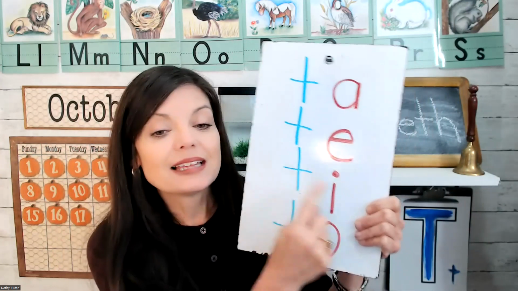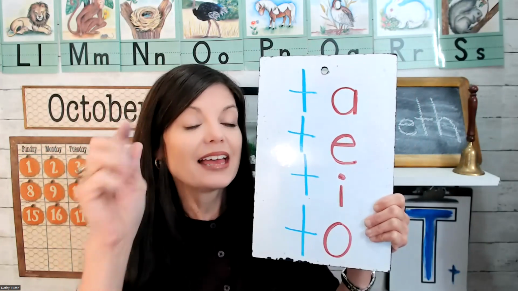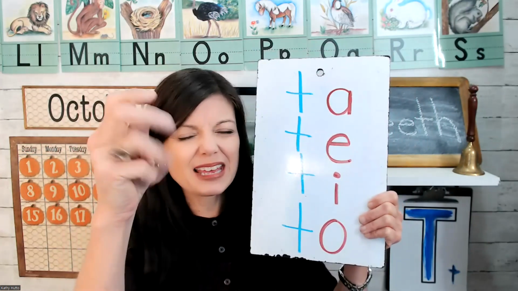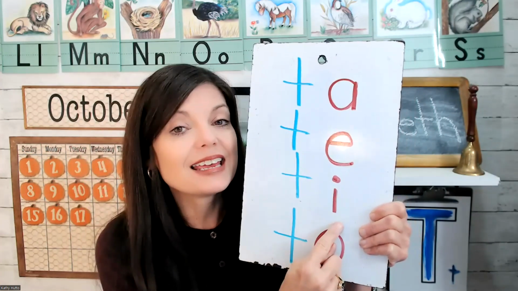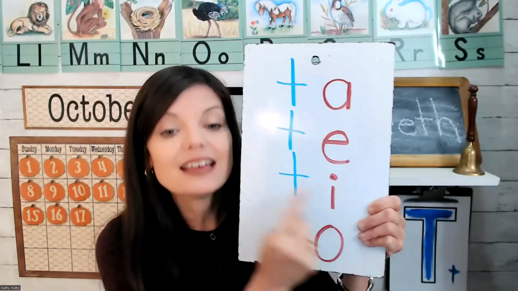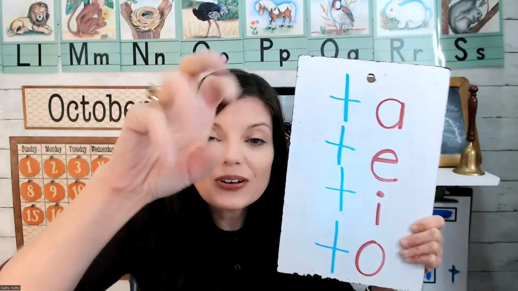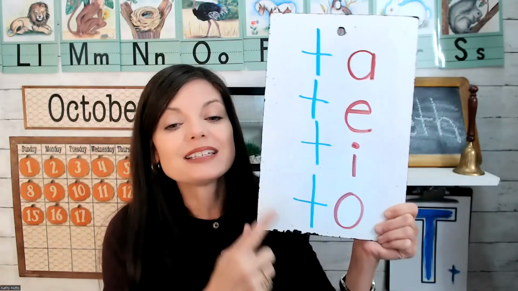Let's do the next one, T-I. T says t, and I says eh, like an icky sticky lollipop. Eh, t, eh, t, t, t, like tickle, tickle, tickle. Okay, let's do the last one.